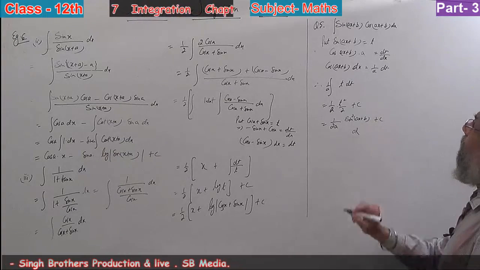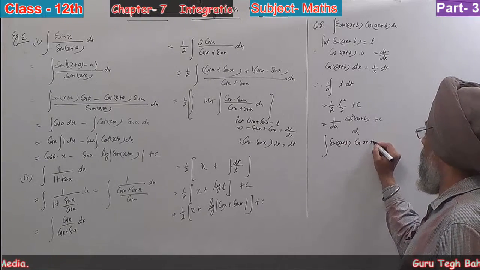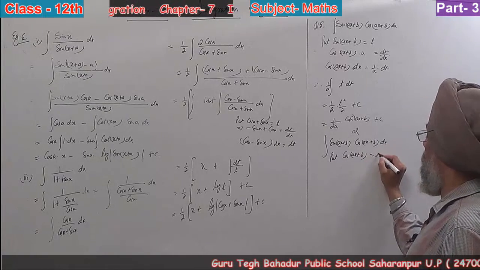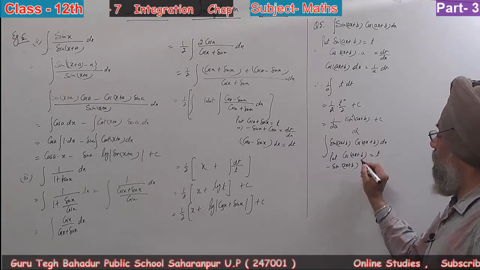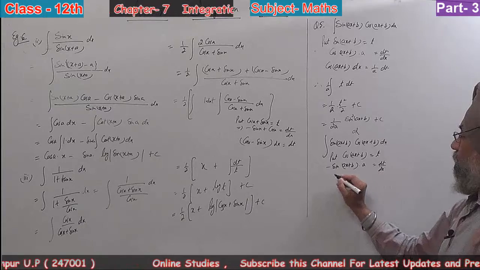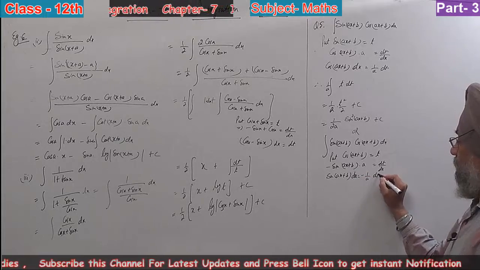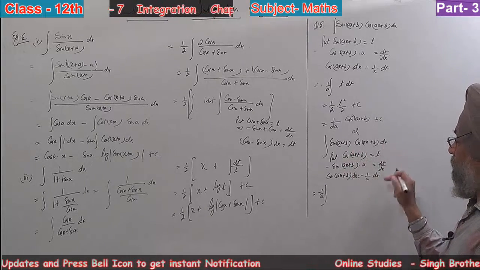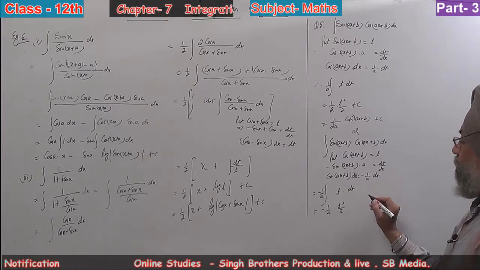Or else, what can you do? Integration of sin ax plus b cos ax plus b dx, you can substitute cos ax plus b as t. What will its differentiation be? It is minus sin ax plus b, and the differentiation of ax plus b is a, dt over dx. So sin ax plus b dx is equal to minus 1 upon a dt. So the integration becomes minus 1 upon a t dt, which gives minus 1 upon a t square upon 2 plus c.